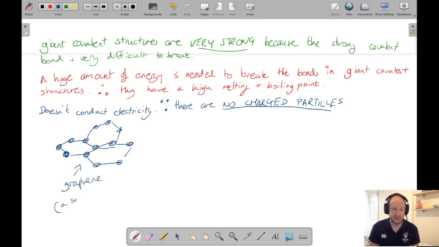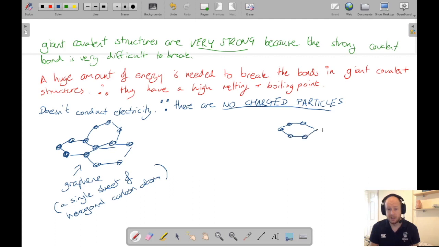Graphene is a single sheet of hexagonal carbon atoms. And graphite, hopefully I'm a little bit better at drawing it here. Graphite's a little bit more interesting, so obviously it'll take a little bit longer to draw.